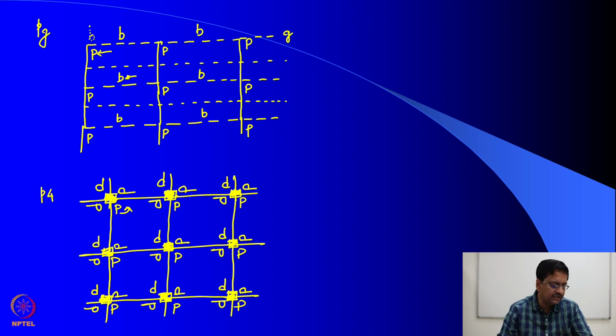So what has happened here is that because of these four-fold axis, a new four-fold has got generated in the middle, as you can easily see.